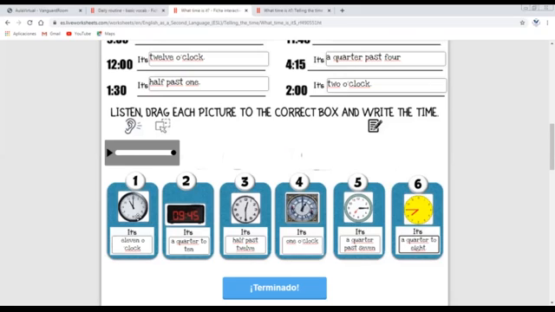Now you have to repeat. It's 11 o'clock. Number 1. Number 2, it's 9:45. Number 3, it's 12:30. Number 4, it's 1 o'clock.